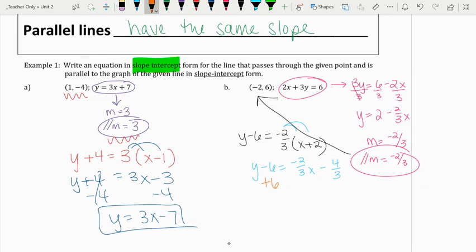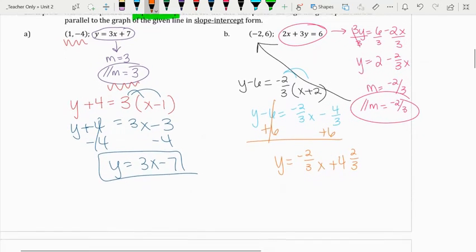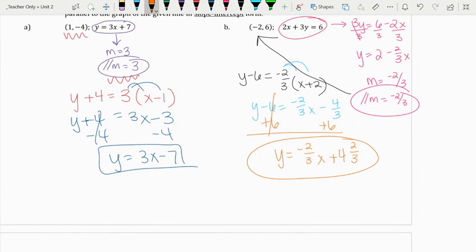Then we add 6. So y equals negative 2/3 x, and this would give me 4 2/3, or 4.6 repeating. Okay, I'm okay with your y-intercept being a fraction of any sort or decimal. The thing is, just like we always talk about, this slope needs to be a fraction, only.